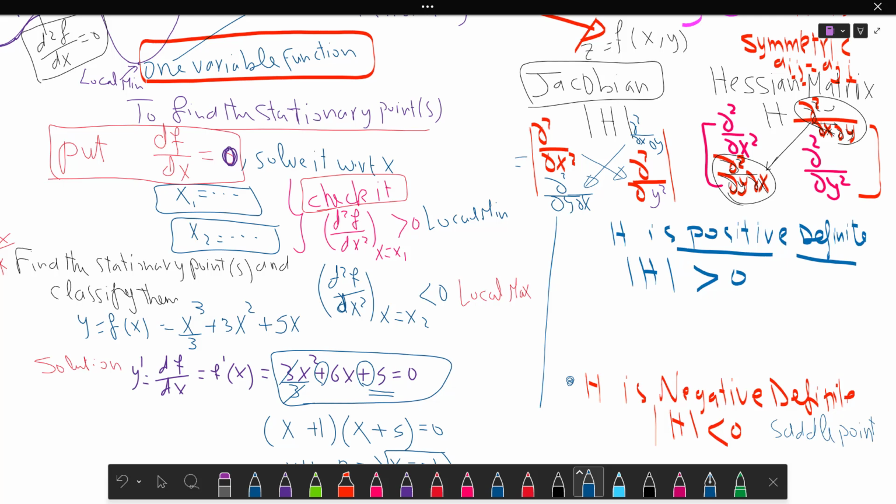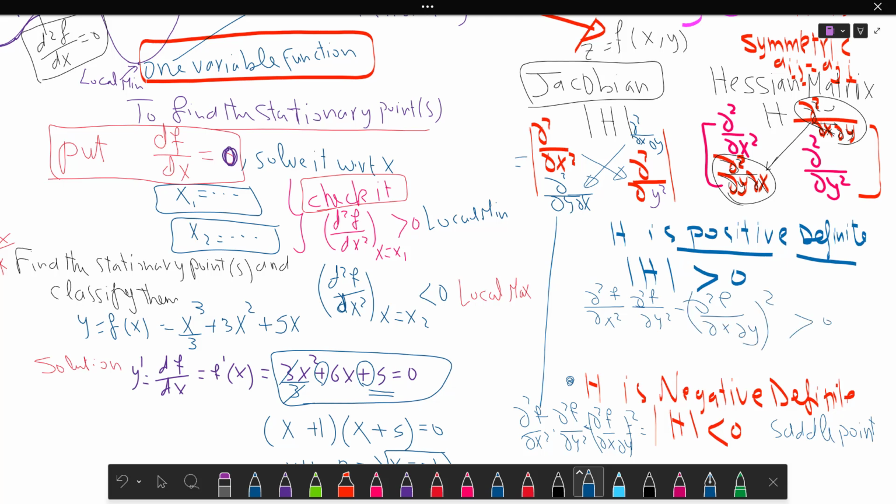So if you have a function f or z or whatever, you can write here partial square f by partial x square multiplied by partial square f by partial y square minus partial square f by partial x partial y, because I know they are the same, so it will be squared, right? So this is the Jacobian.